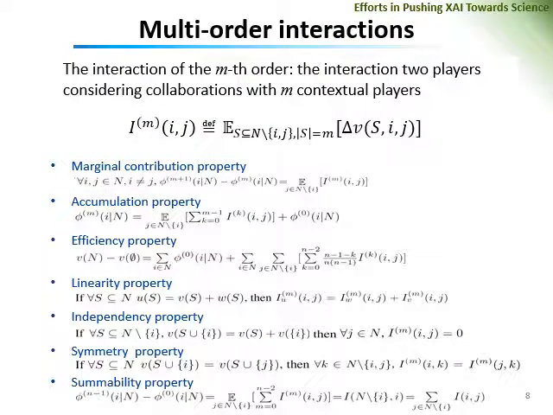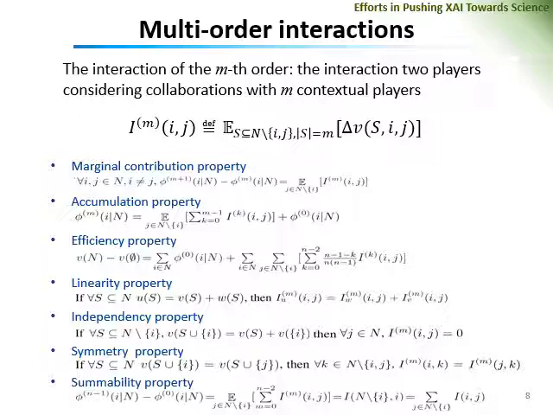Then further, we can extend the standard interaction between two players into the multi-order interactions. The multi-order interactions indicate the interaction between two players when we consider different contextual players or different numbers of contextual input pixels.